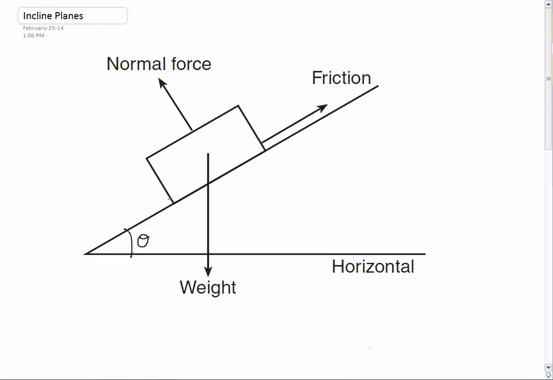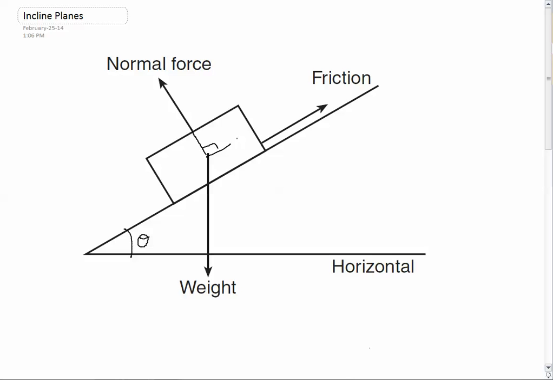It's really important to remember that our normal force and our weight, or force of gravity, are no longer equal and opposite to each other, because that normal force must act perpendicular to the plane, and the weight always acts straight down to the middle of the earth. And so these are the forces that are acting.